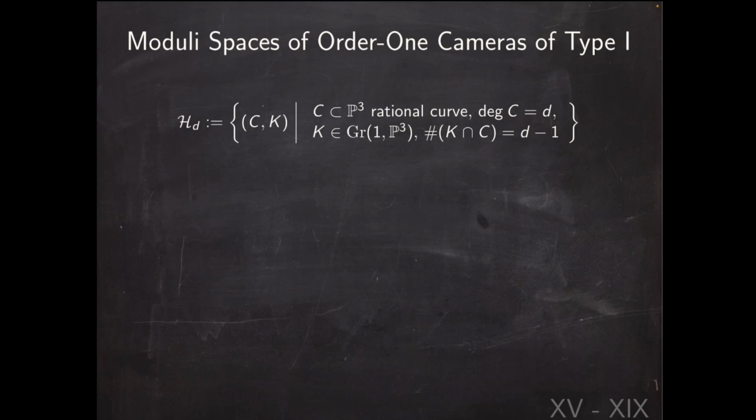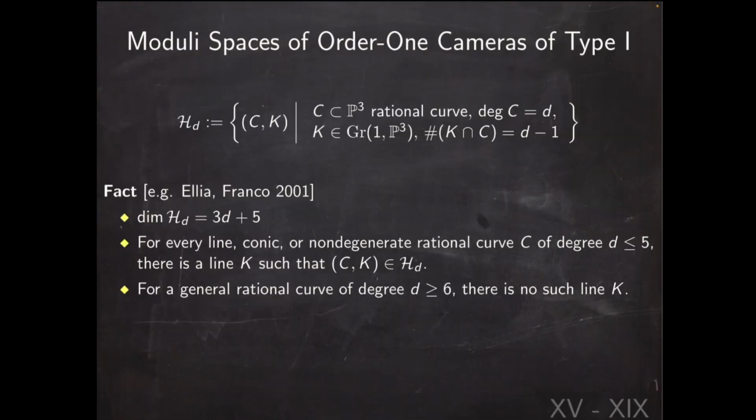Okay, so that space has been studied in various works, various aspects of it. And this is a space of dimension 3D plus 5. And so in particular, for any curve of degree at most 5, you can find such a line that is a D minus 1 secant.